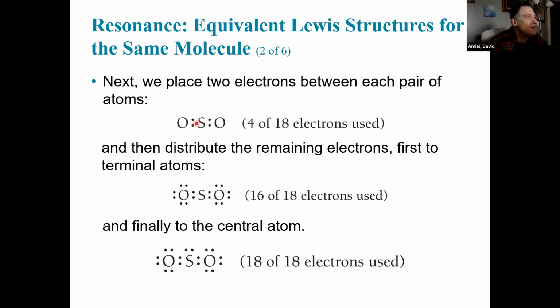First, we use 4 to make the bonding pairs. We distribute everything around. And we see that we only use 16 of them, and that sulfur does not have an octet. And we finally distribute all the electrons around, and sulfur again does not have an octet.